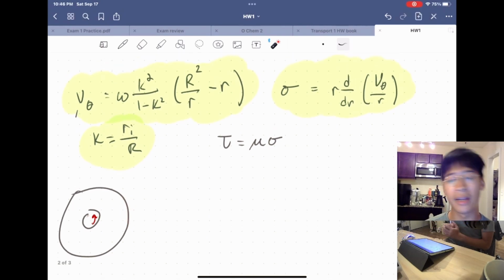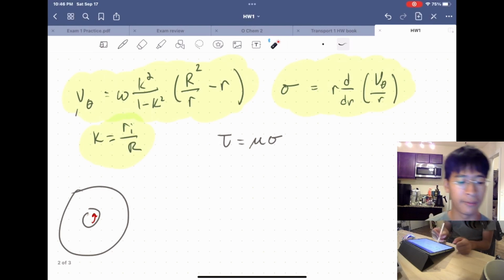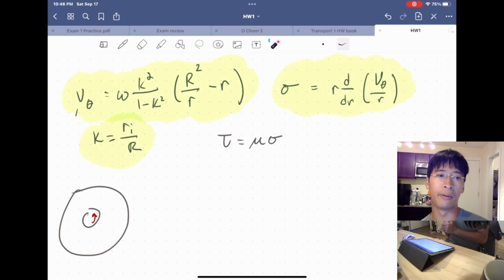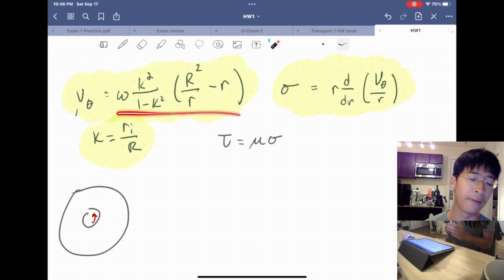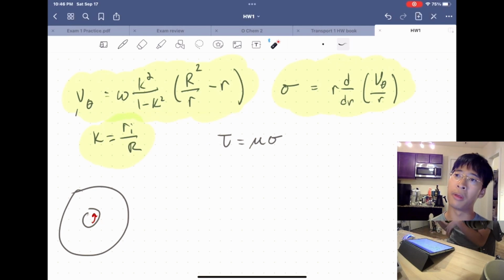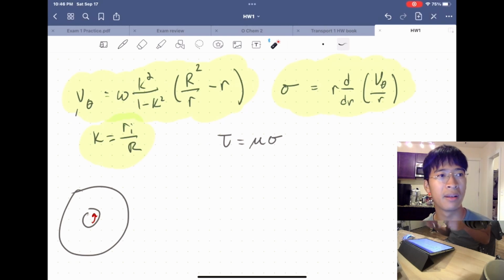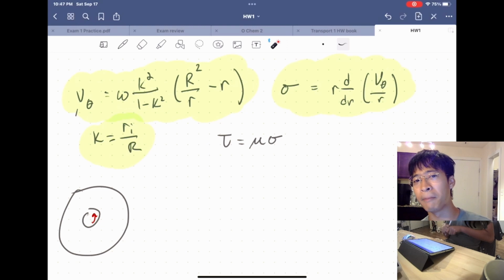We're also given a number of expressions. First and foremost being our velocity profile. This velocity profile is different from what we've seen before. We have worked with velocity profiles in the past where we assume that the two cylinders are basically planar, which we can say that the velocity profile is linear. However, with this we would get a much more accurate picture.